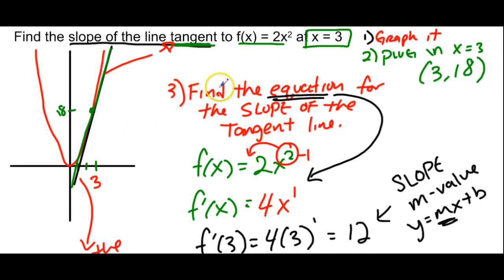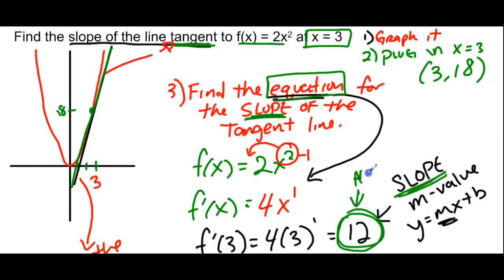The third thing is find the equation that gives you the slope of this tangent line. To find that, you find the derivative of the original equation, which is 4x. But this is just the equation; we need the actual slope. They want it at x equals 3, so we plug in 3 to get that. This is your slope. So basically, if we were to just answer this question, this would be the answer.